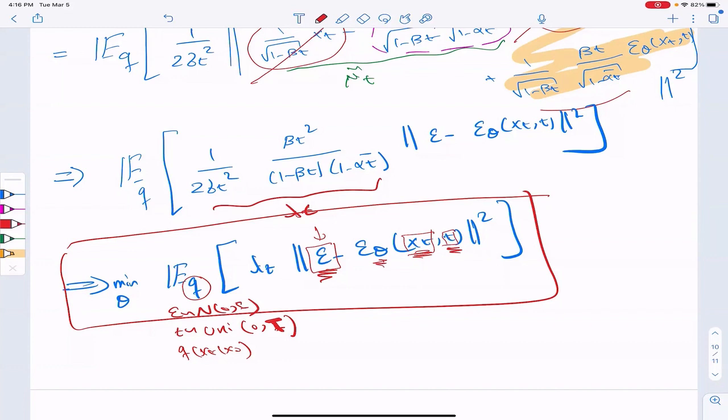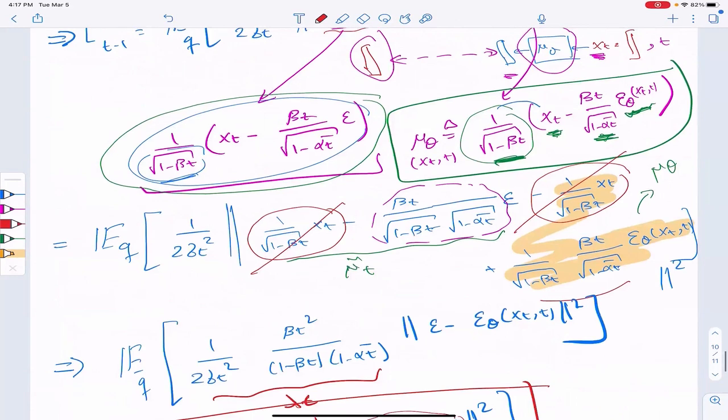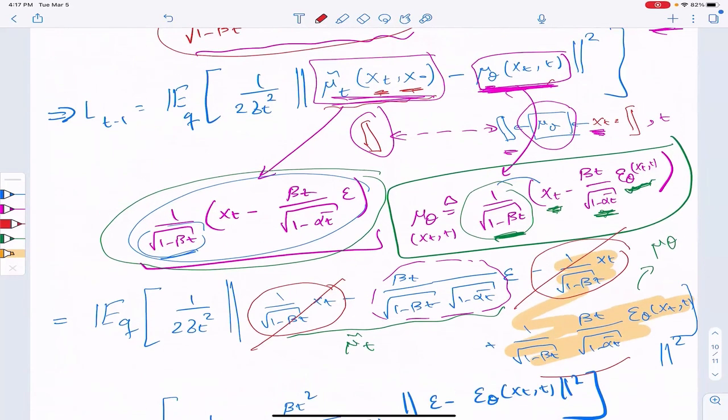And if you learn theta, then you learn basically p sub theta of xt minus 1 given xt, right? Remember, it's a Gaussian distribution parameterized by mu theta of xt and some fixed variance. If you learn theta, you have the mu function. Okay, you don't exactly get the mu function, you get the epsilon theta function, but mu is just a linear transformation of your epsilon function. Some notational changes.